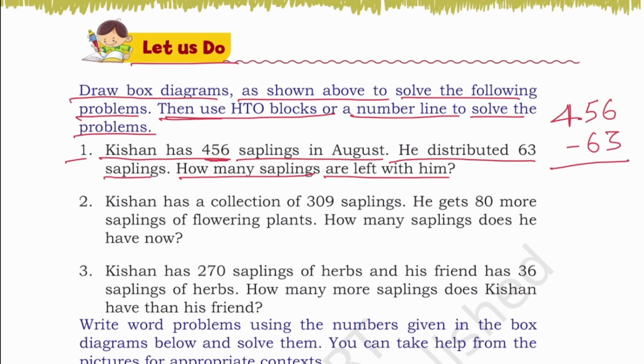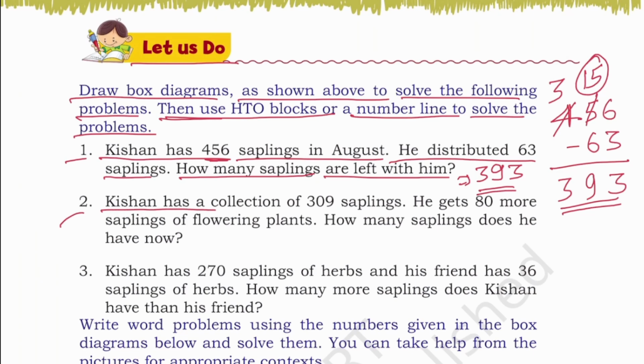He is now left with 6 minus 3 equal to 3. 5 cannot be subtracted from 6, so 1 is taken from 4, and 4 becomes 3 and 5 becomes 15. 6 subtracted from 15 will give you 9, and 3 comes down. The answer is 393. You can do it using Dienes blocks, the above said method, or using the number line.